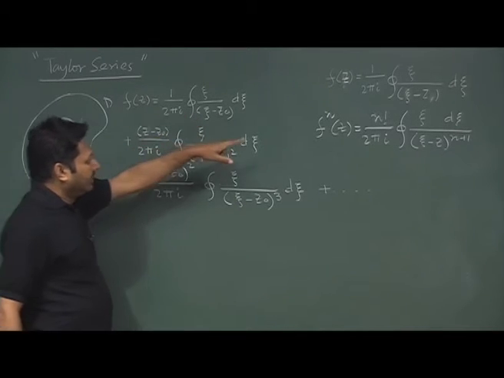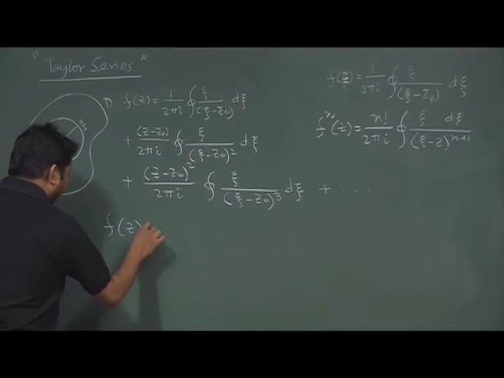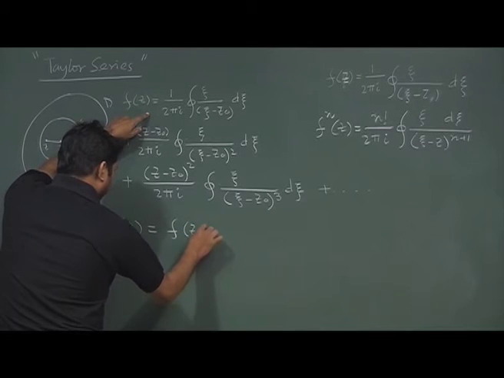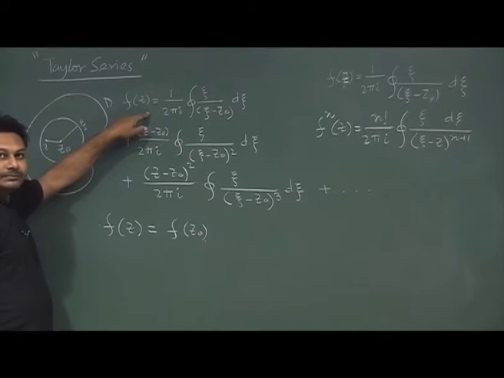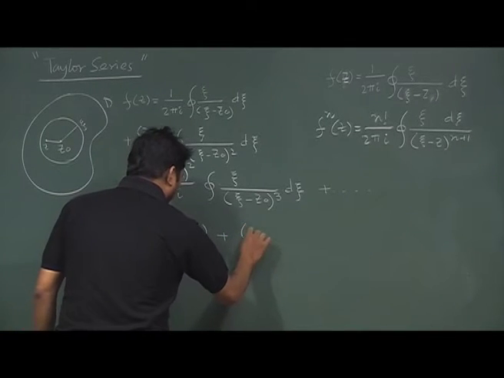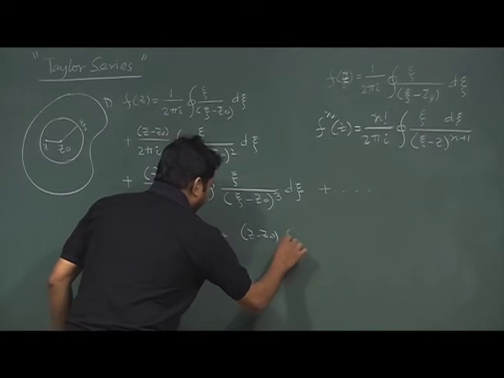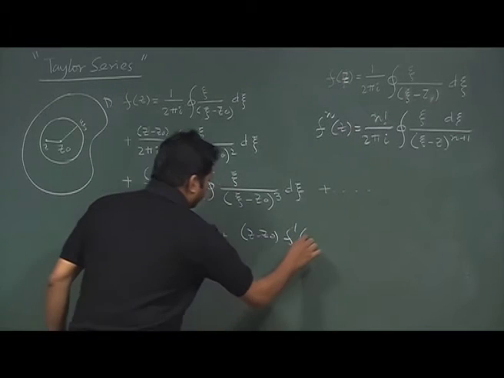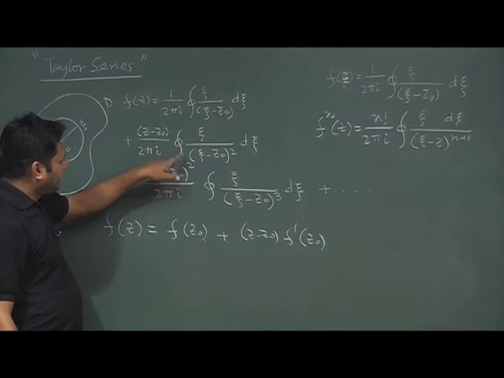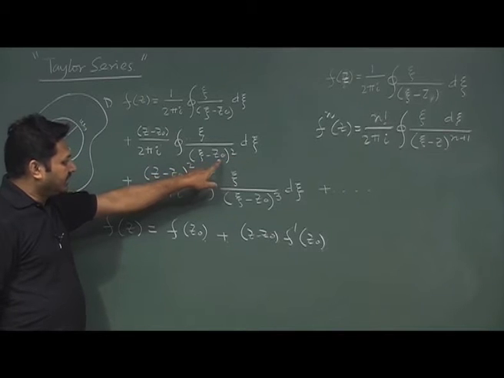This term, if I look here, it is nothing but f(z). The first term is nothing but f at z0. Second term is how much? (z minus z0) multiplied by f prime at z0, because this quantity 1 by 2 pi i integration of xi over (xi minus z0) square is nothing but f prime z0.